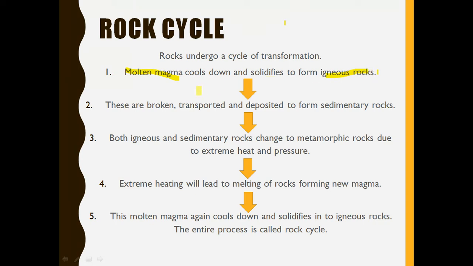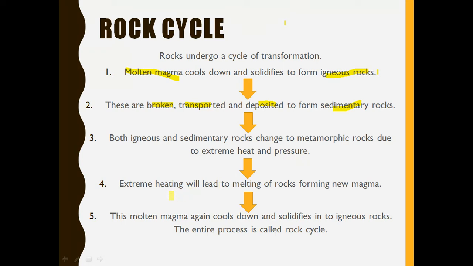Igneous rocks. Now, the igneous rocks are broken, then they are transported, they are deposited, and in these horizontal layers, which rocks are formed? Sedimentary rocks. Then, both the igneous and the sedimentary rocks change to metamorphic rocks due to extreme heat and pressure.